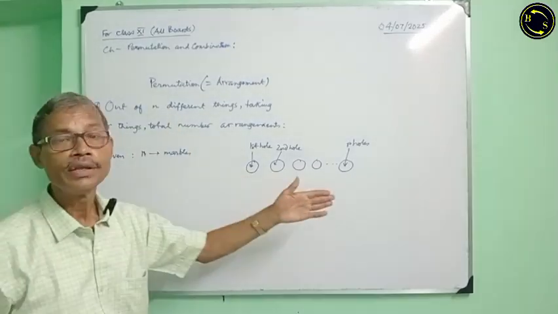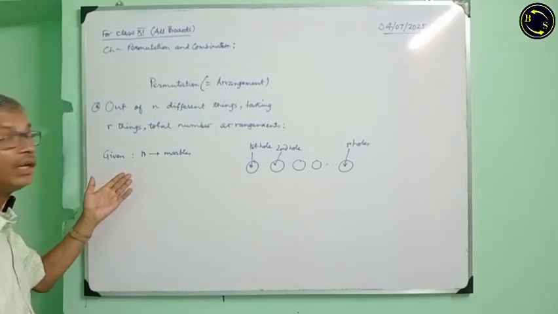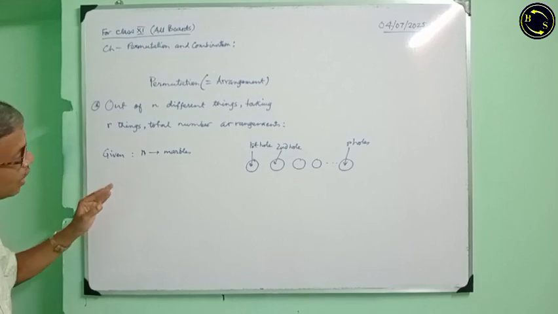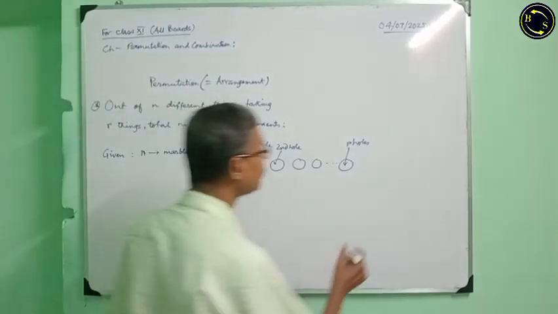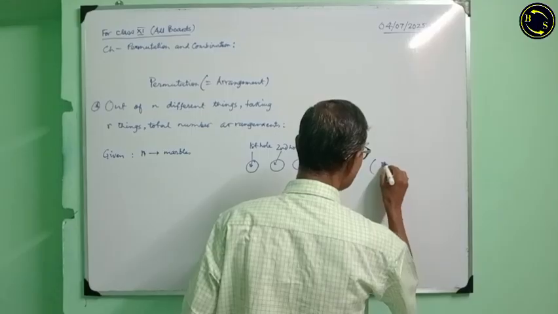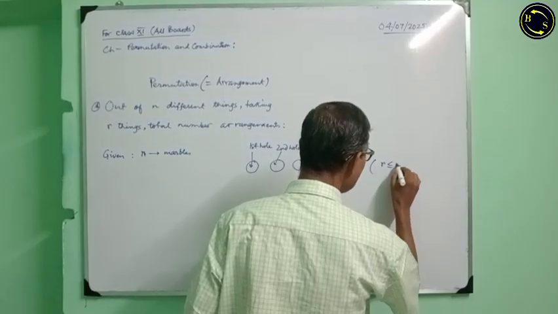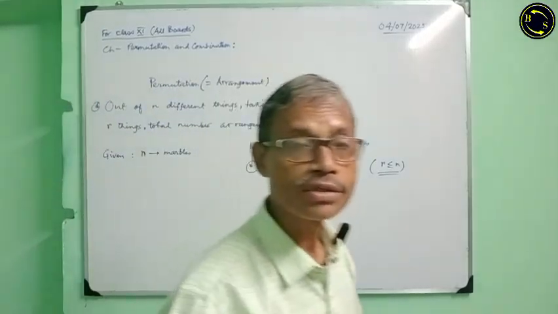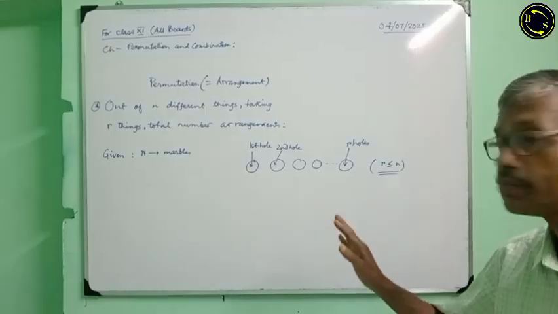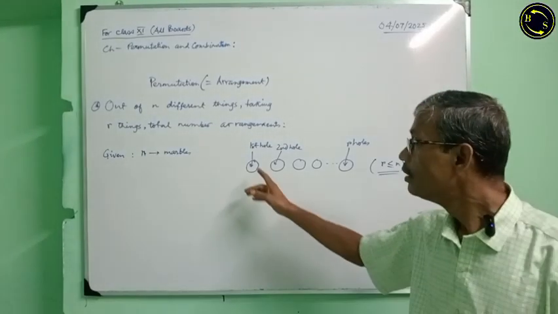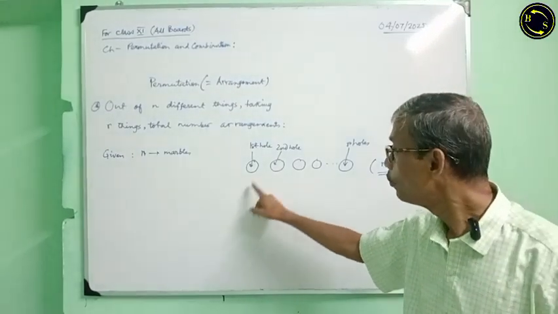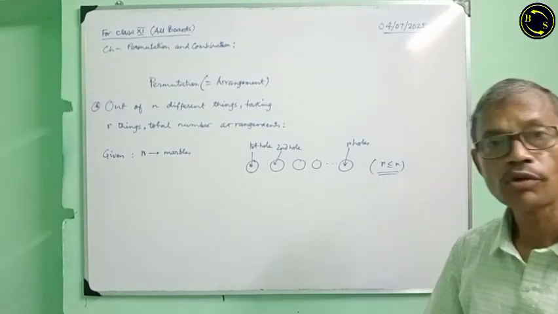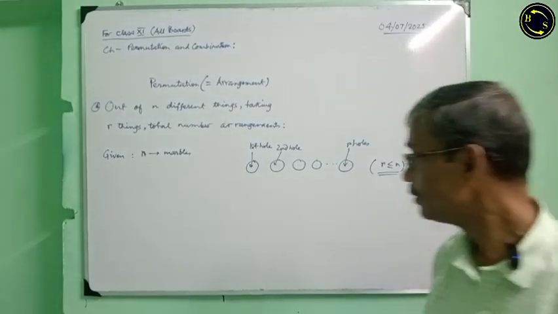We have to fill these holes taking r marbles together. Of course, r is less than or equal to n. Now let us try to understand in this manner. From n marbles, we can fill the first hole in how many ways? The answer is automatically n ways.